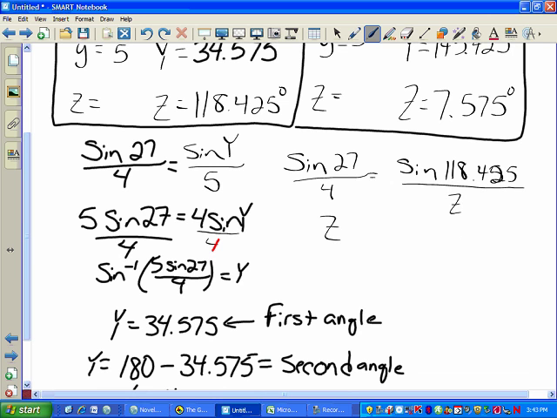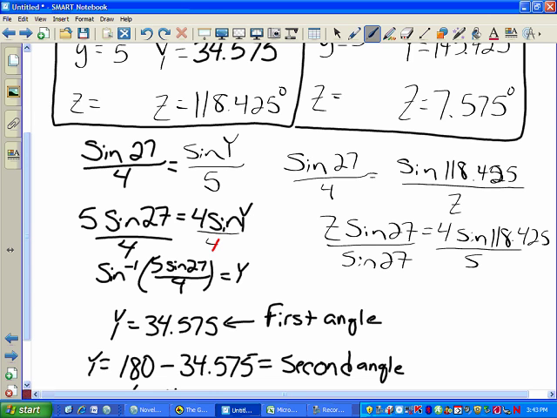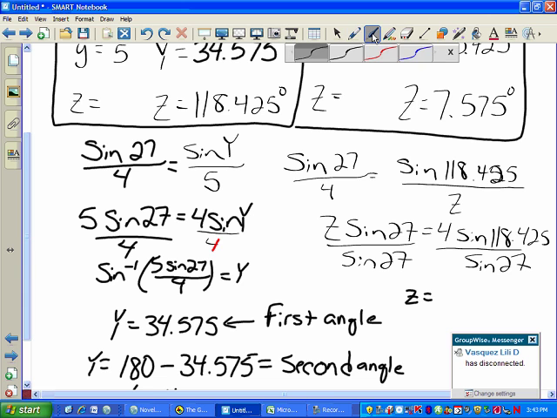Cross products. Anybody got me little z on one of them yet? 7.749. Everybody agree?